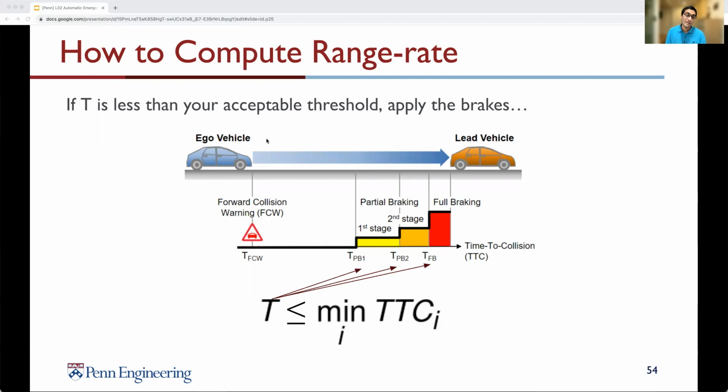As I mentioned before, if this TTC is below one of these three thresholds, then we can have a notification, or a light, moderate, or heavy full braking pressure, and have TTC be even further discretized rather than just binary like that, right?